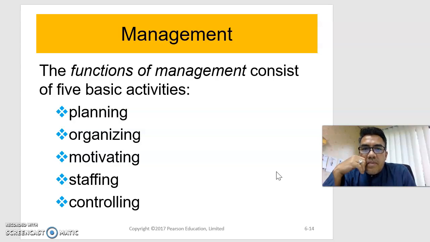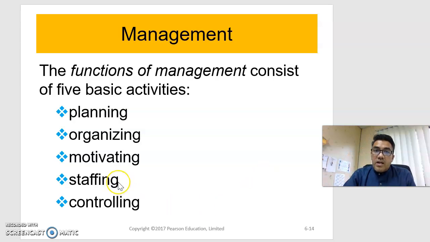The functions of management consist of 5 basic activities: planning, organizing, motivating, staffing, and controlling. Some organizations have their main competitive advantage or distinctive competency in their staffing department, in which they have their own training center for the development of employees.